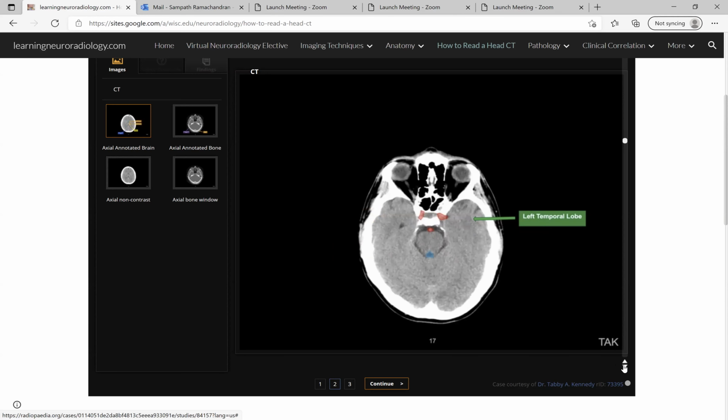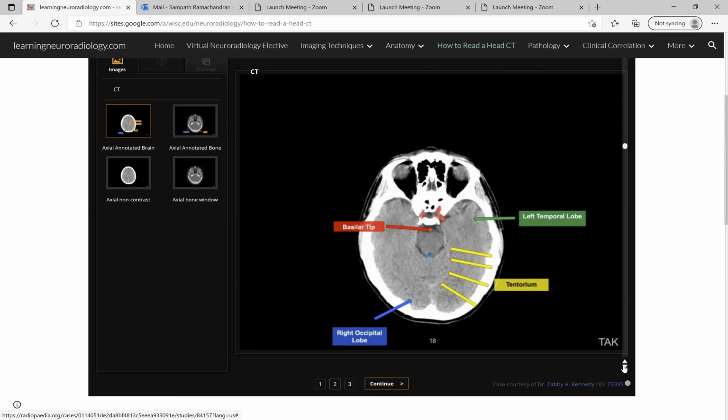Let me get through some more slices here. This is an important structure, the tentorium cerebelli, which is the demarcation between the cerebellum and the supratentorial structure, which is the bigger lobe of the brain cortex. Sometimes when you have a bleed, it can layer on top of this structure, so this is a fixed structure.